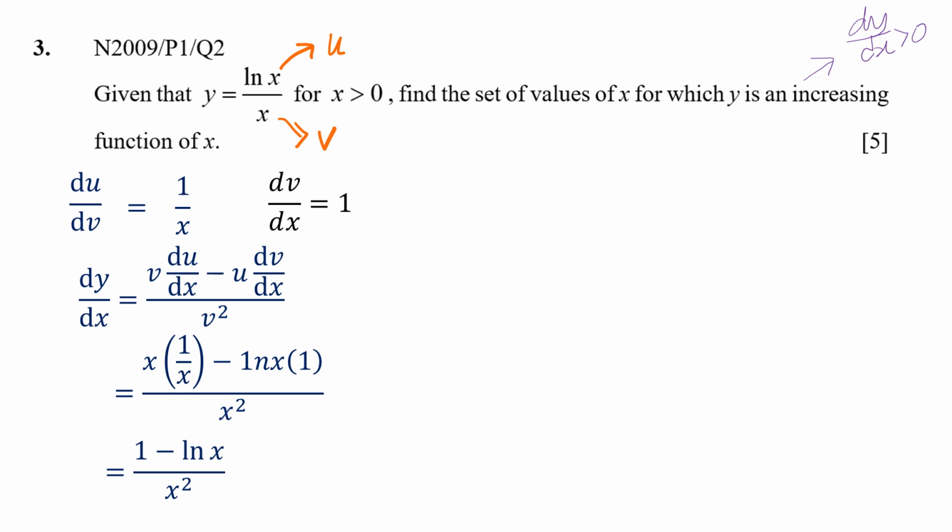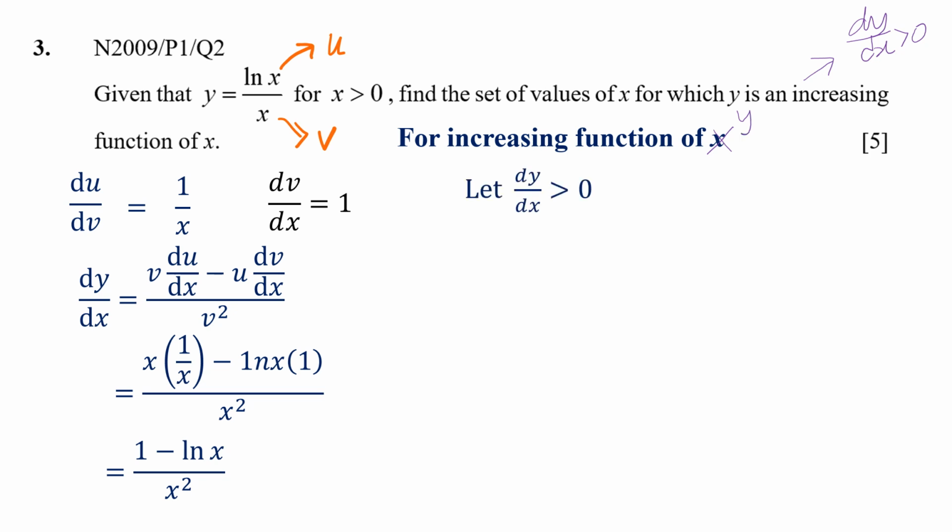How do we go about letting that be more than 0? Like I mentioned earlier, for increasing functions of y, dy/dx is more than 0. That means 1 minus ln x over x squared must be more than 0.